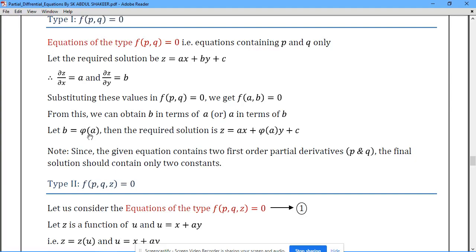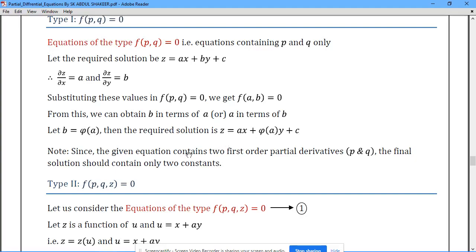And then substituting this value in the defined complete solution, we will have z equal to ax plus b y. But what is b here? Phi of a. So z equal to ax plus phi of a into y plus c. Don't forget, the complete solution obtained must and should have only two constants, those are a and c.